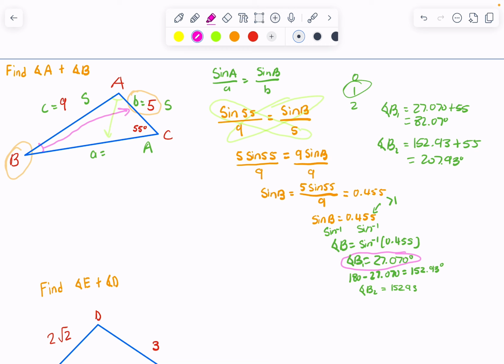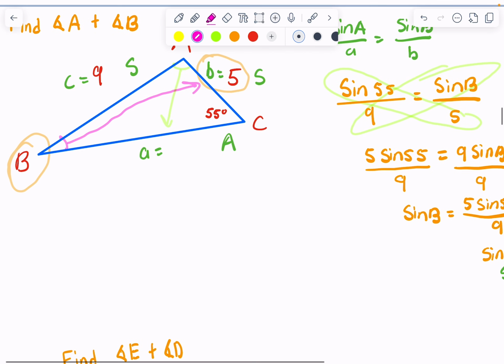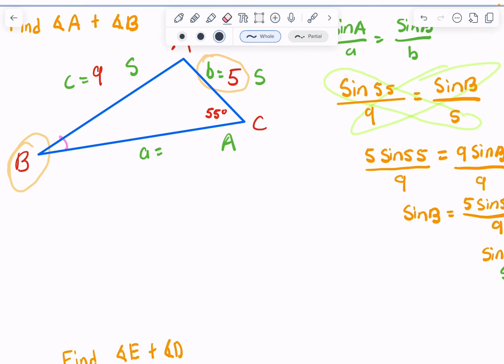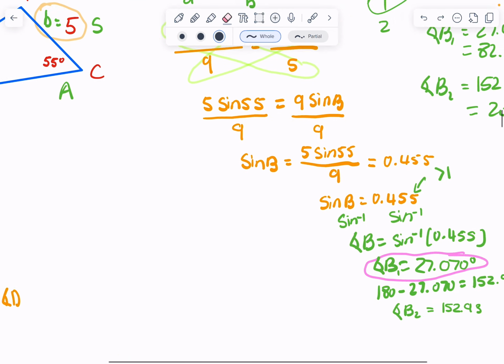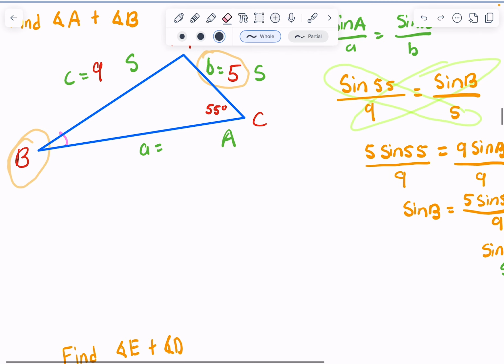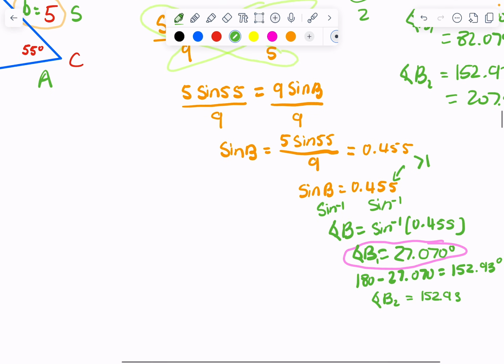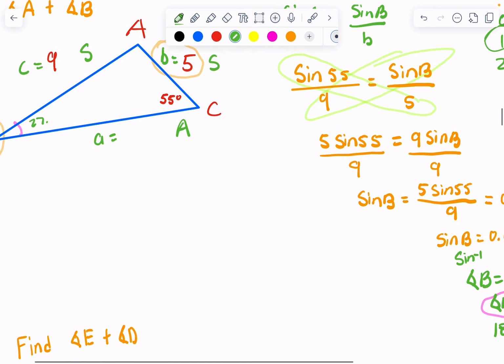So now we know our angle B. I'm going to erase this. Oh, no, not that. Not that either. Anyways, whatever. You know angle B, which is 27.07 degrees.